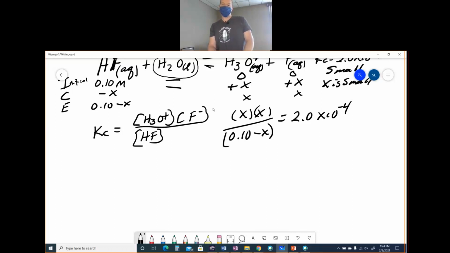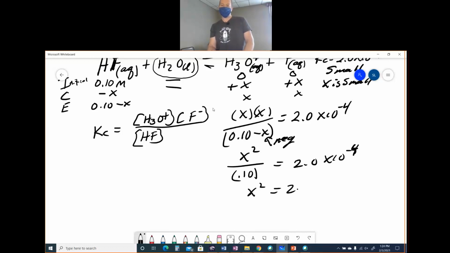All right, so here it just comes out to, I know X is small, I'm going to neglect this X, and I have X squared over 0.10 is equal to 2.0 times 10 to the minus 4. So when I multiply both sides by 0.1, I have X squared is equal to 2.0 times 10 to the minus 5.